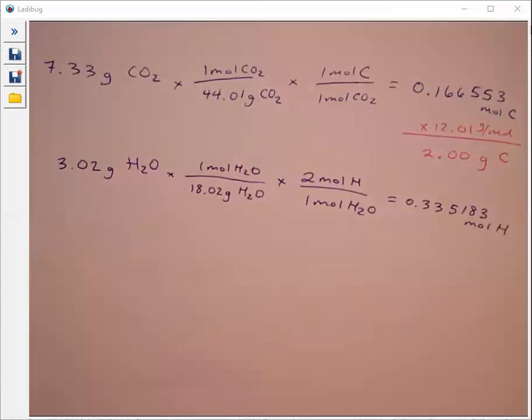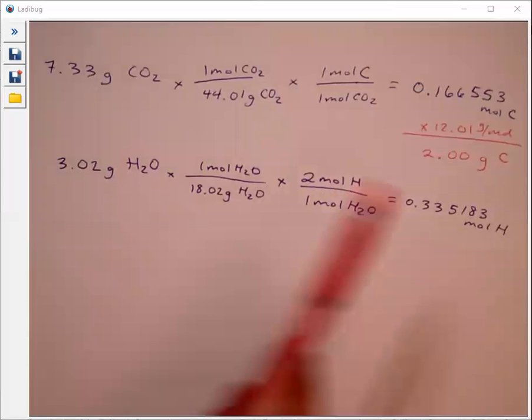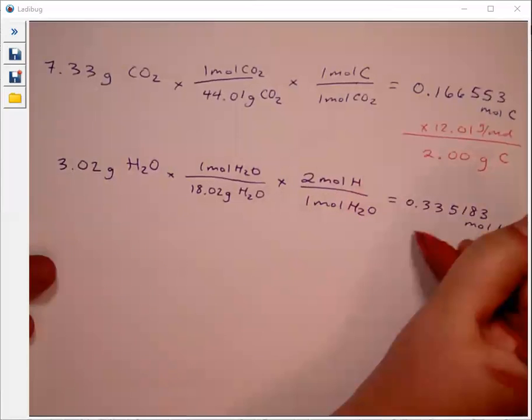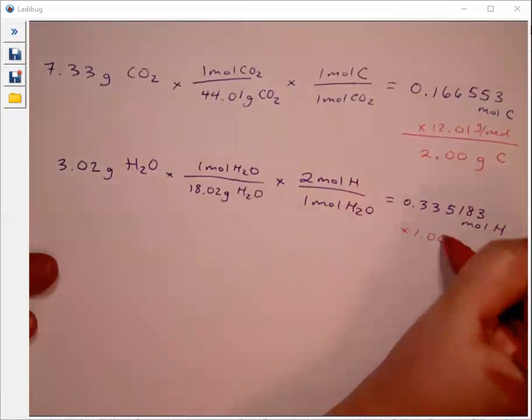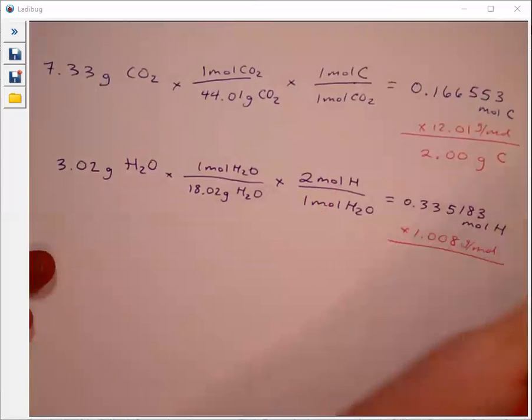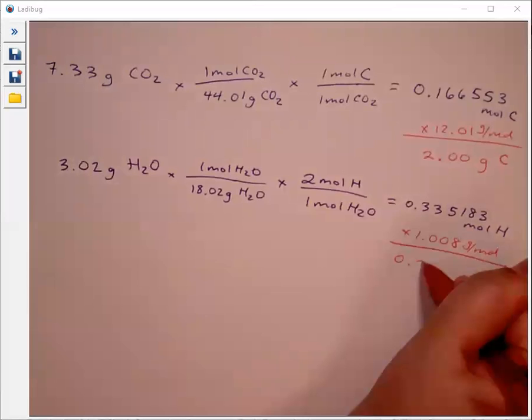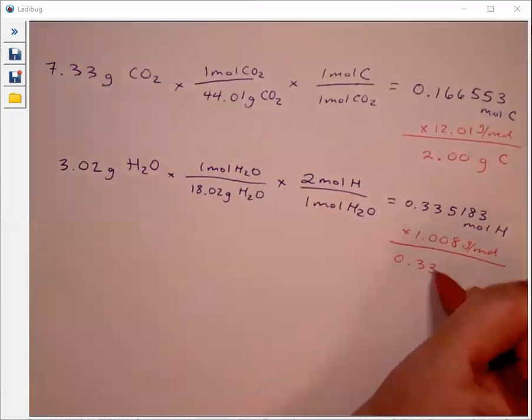Because when we burn it, we're adding additional oxygen into our products, the way that we figure out how much there is is to subtract the mass of carbon and hydrogen from the total compound. So the mass of hydrogen from the original compound is 0.338 grams.